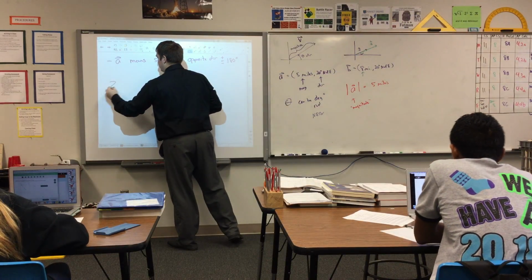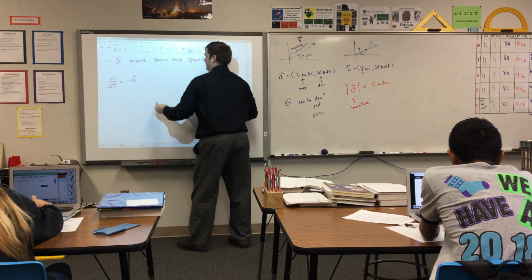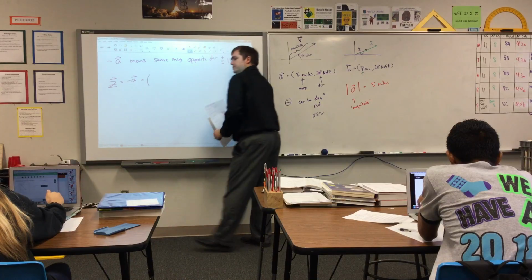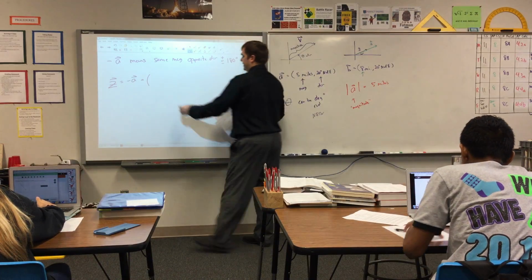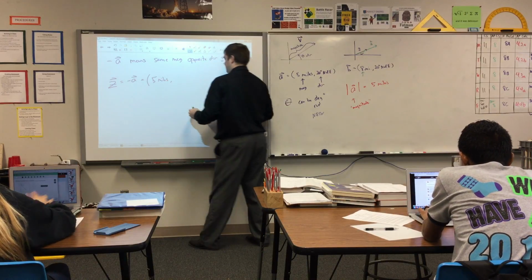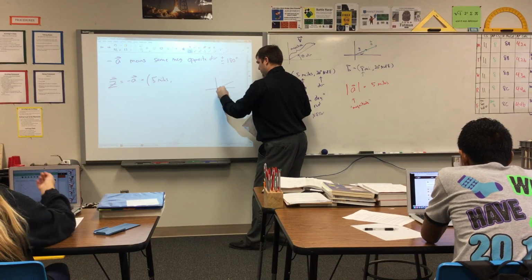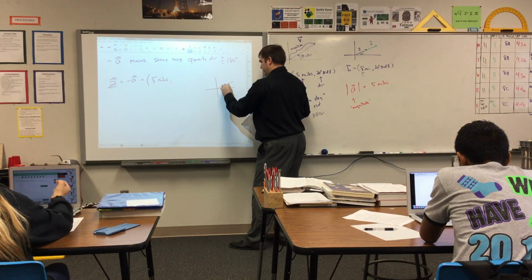So let's say that vector Z is equal to negative vector A. The magnitude is going to stay the same. It's still 5 miles. But if I do a little sketch over here, there's 20 degrees.